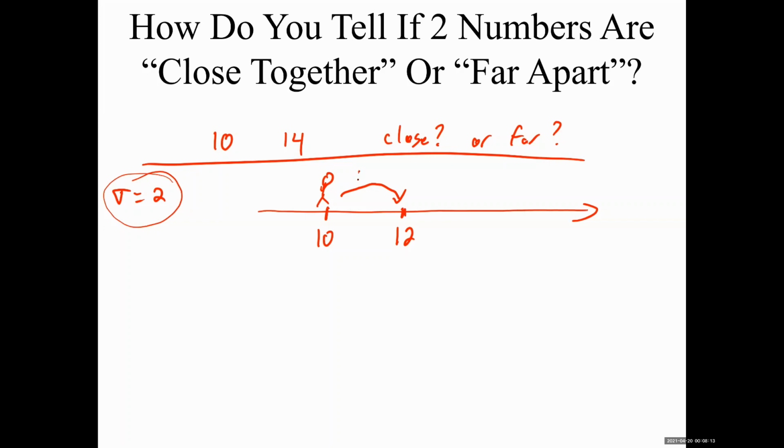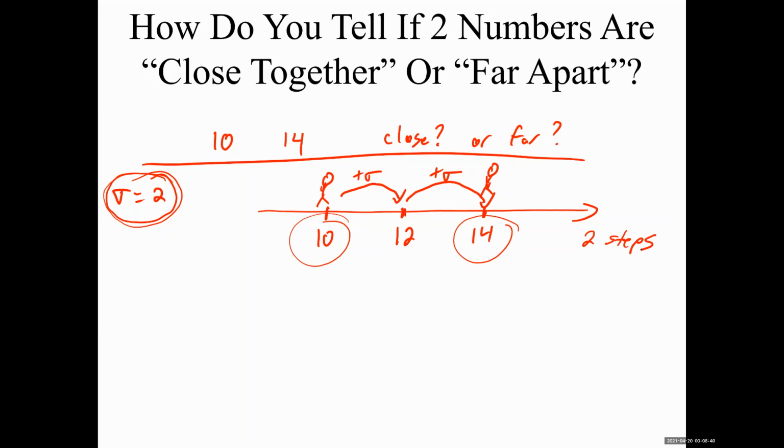I'm going to write that we added a standard deviation. So think of standard deviation as your step size. Like every time you take a step, you've moved 2 feet or something like that. If you take one more step, you're at the number 14. It's like I added one more standard deviation, and now we're here. How many steps did it take us to go from the number 10 to the number 14? It took us 2 steps.